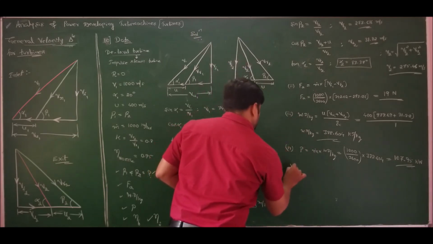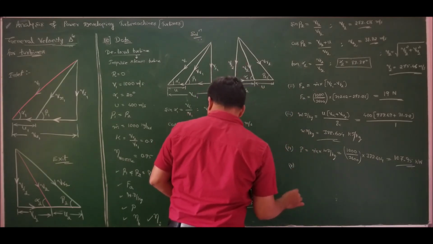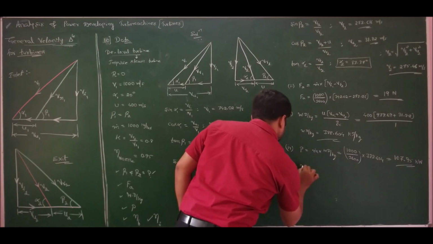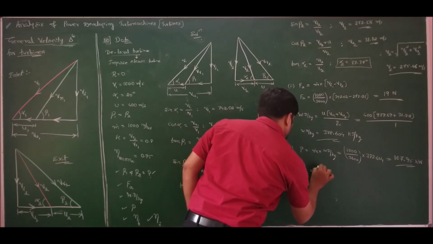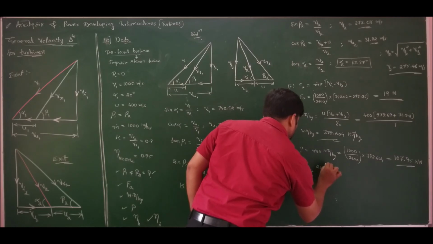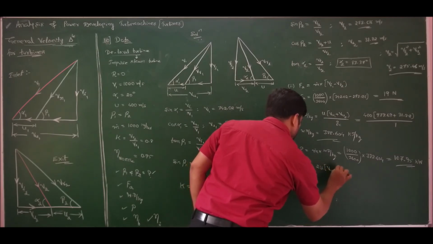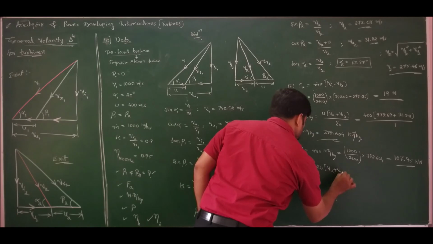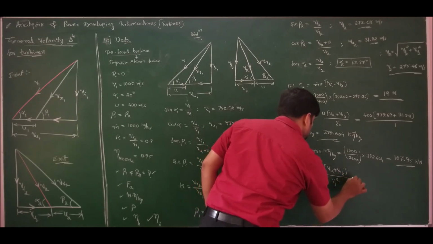Next, moving to the fifth one, we have blade efficiency for the impulse turbine. In our previous problem only, I have explained the formula of blade efficiency, that is 2U of VU1 plus VU2 by V1 square.